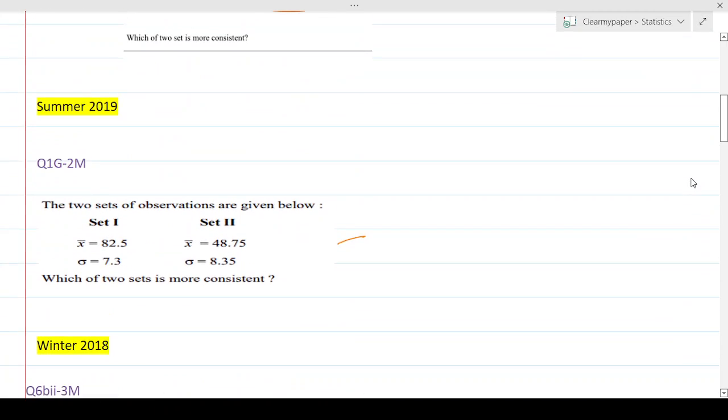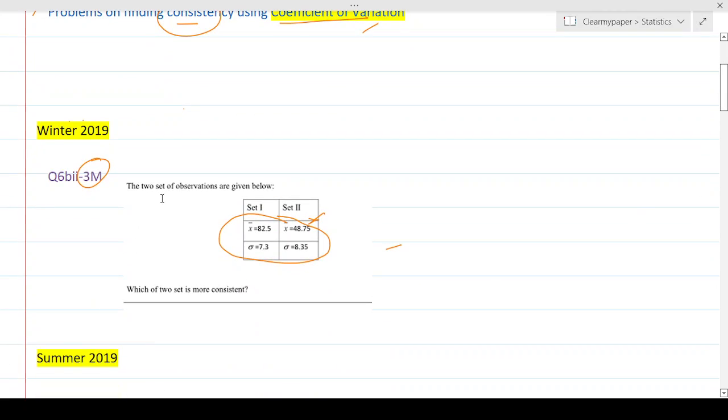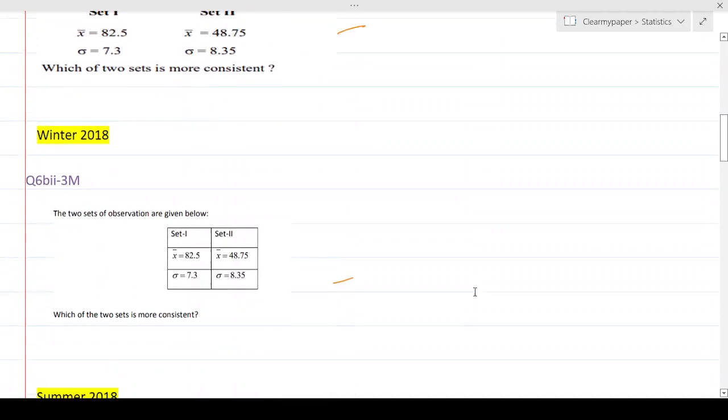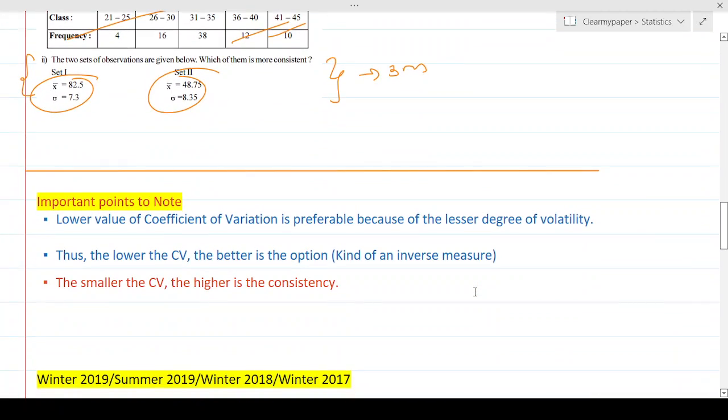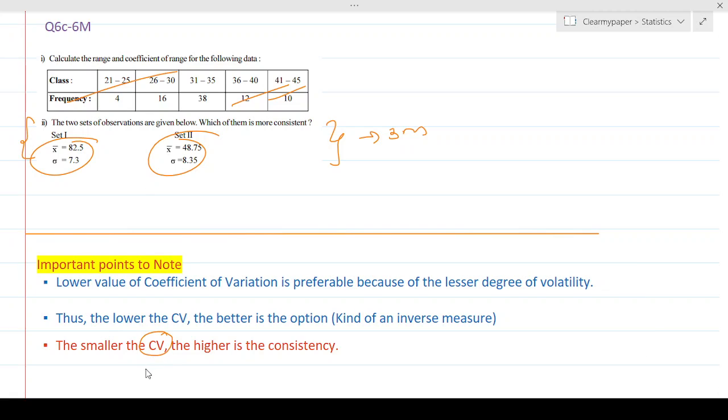So let's talk about solving these problems, which are based on finding the consistency. If you see here, there'll be values given and you need to find which of the 2 sets is more consistent. Okay. So as a global thumb rule, whenever they talk about finding the consistency, they are talking about nothing but calculating the coefficient of variation, or CV.